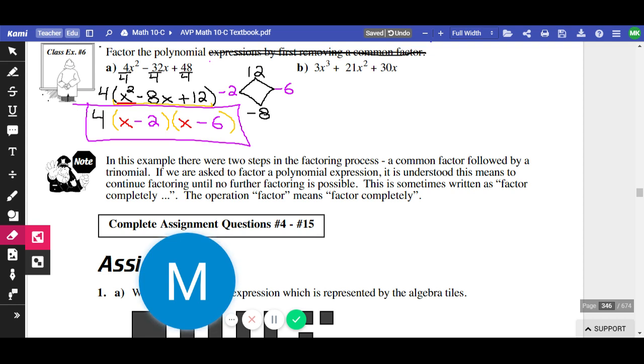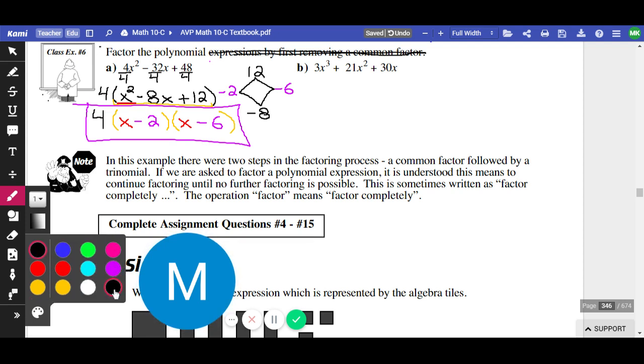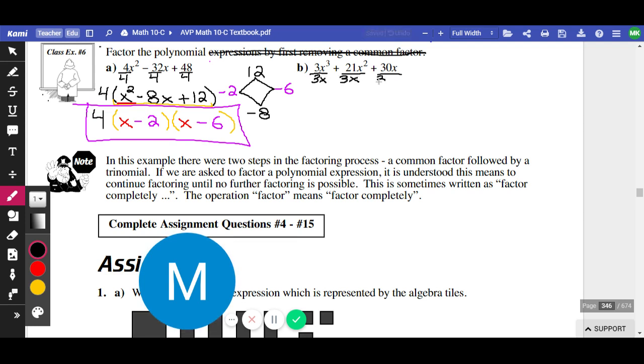What's the letter that can go into all those? X, right? Because there's an x in each one of them. So these can all divide by 3x. That's the GCF part of factoring.